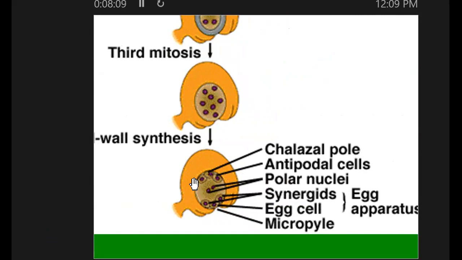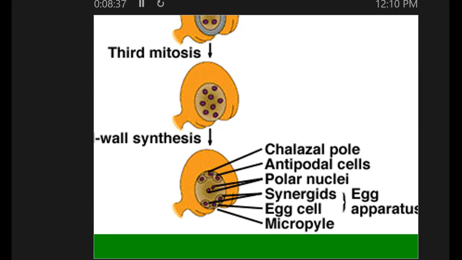And so there's going to be 3 cells that go to the far end, away from the micropyle. And those are called the antipodal. I always think of it as they are the opposite, or the anti, of the micropyle. So there's 3 that are called antipodal cells. And then where you see the micropyle at the other end, what you have are 2 cells that they've named synergid.